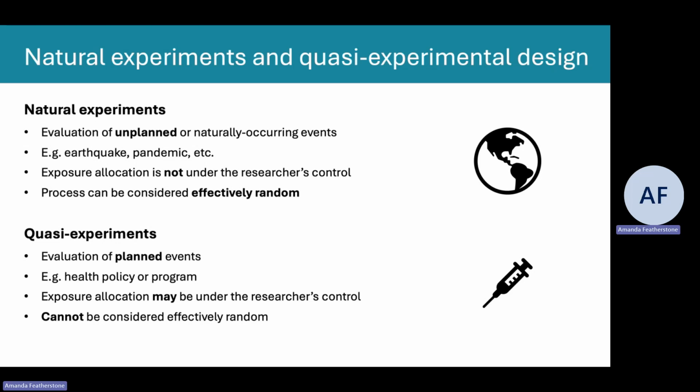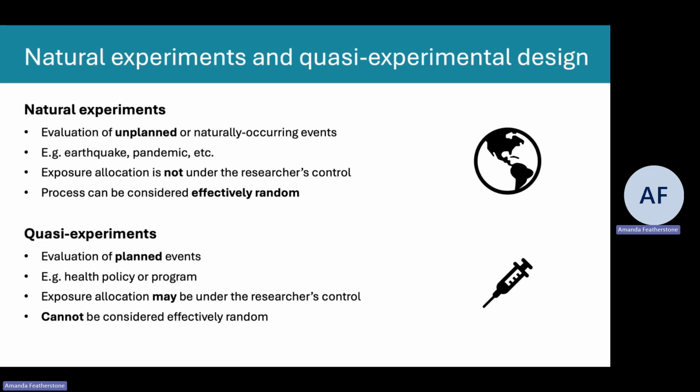Natural experiments can be considered a study of unplanned events or naturally occurring events such as an earthquake. In natural experiments, exposure allocation is not under the control of the researcher, and the allocation of the exposure is independent of other factors relating to the outcome. In this case, control for confounding is not required, as the process can be considered to be effectively random.